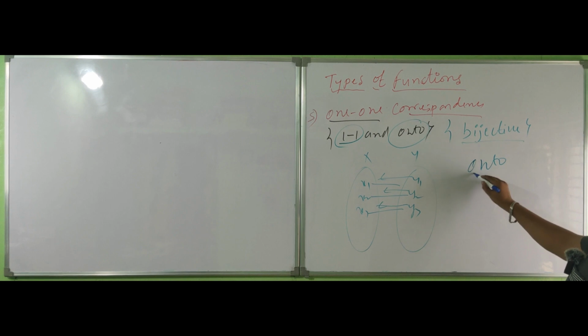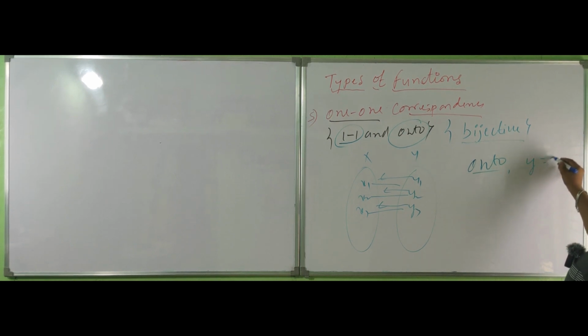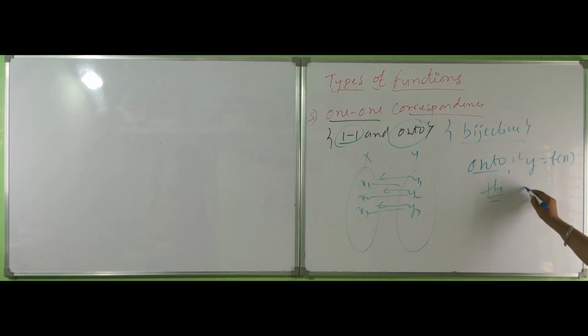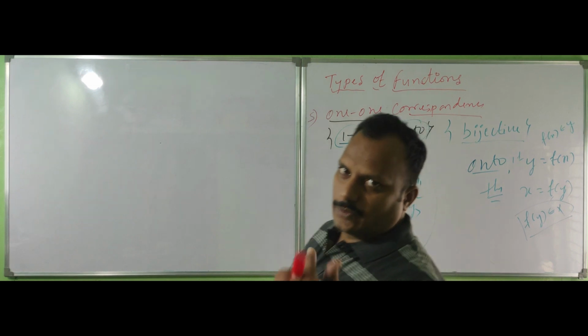Inverse means if y is equal to f of x, then x should be f inverse of y. This condition must be satisfied, which is very important for an inverse function.